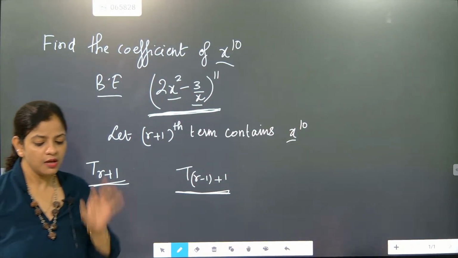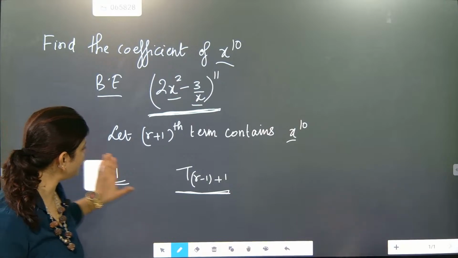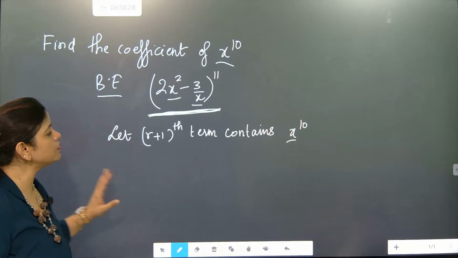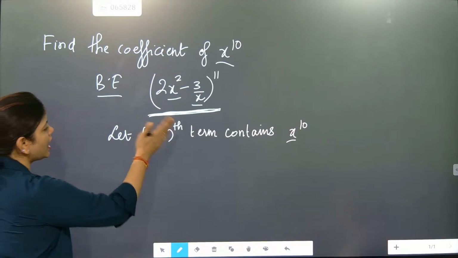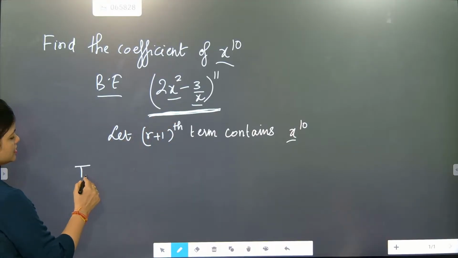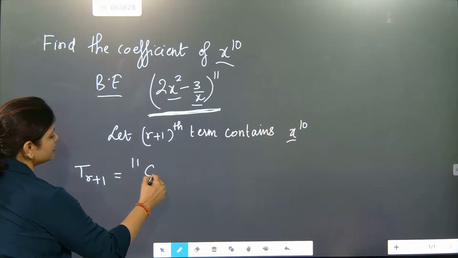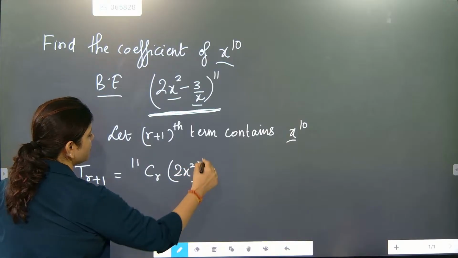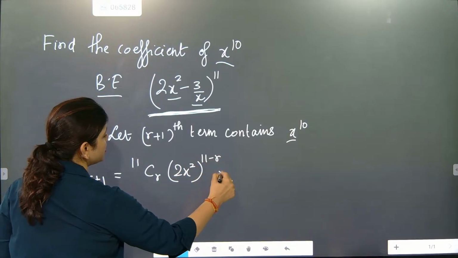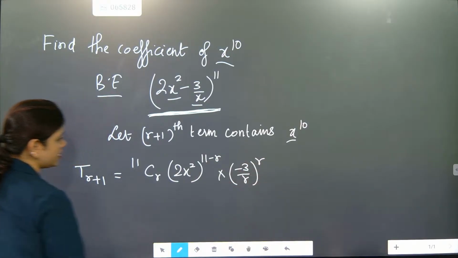So you play very safe: directly write that the r plus 1 term contains this. So first find the r plus 1 term. What is the t r plus 1 term here? It will become 11Cr (2x squared) to the power 11 minus r into (minus 3 by x) to the power r.